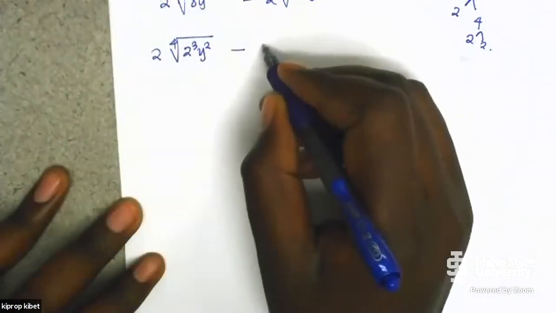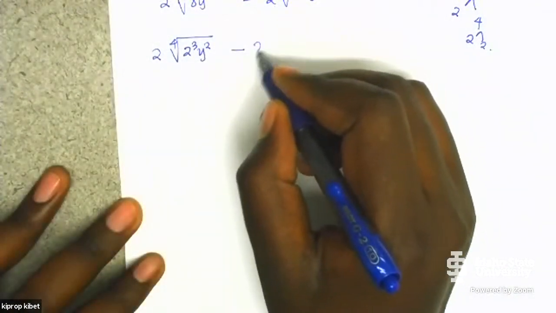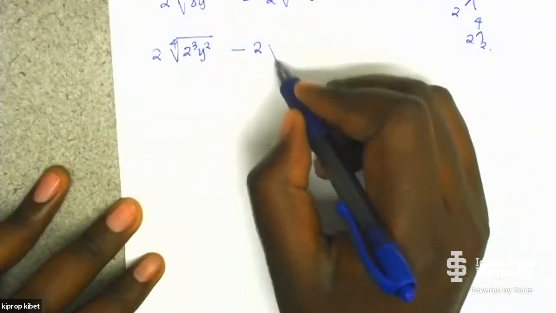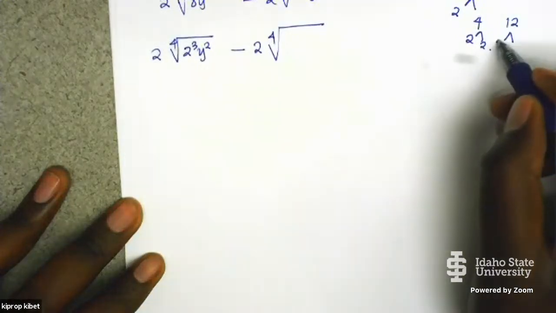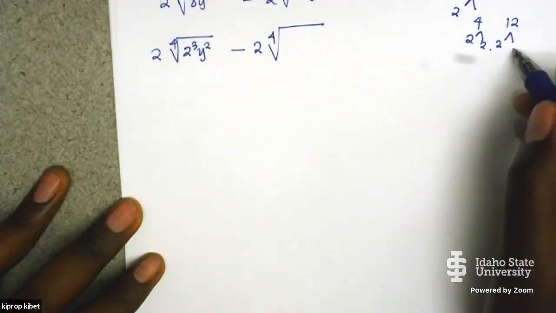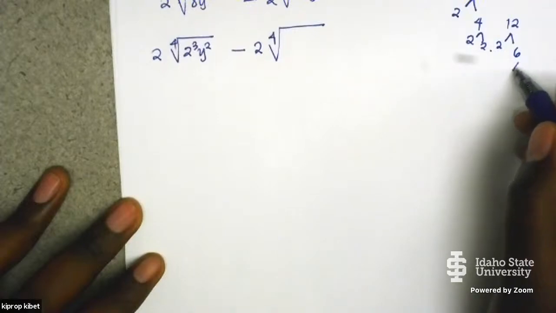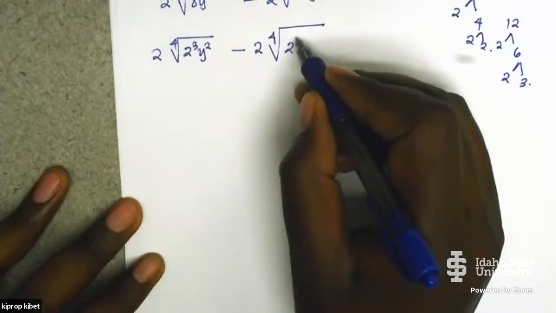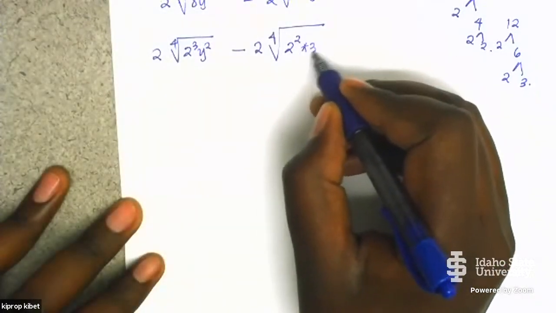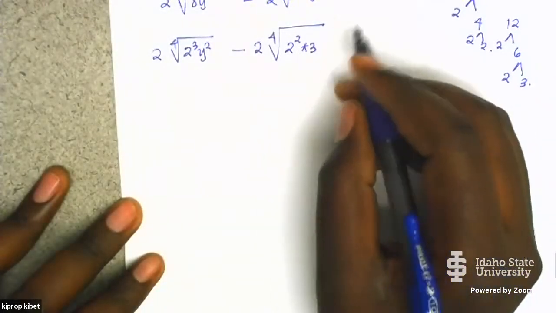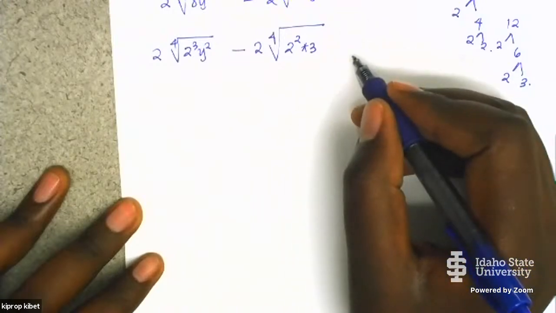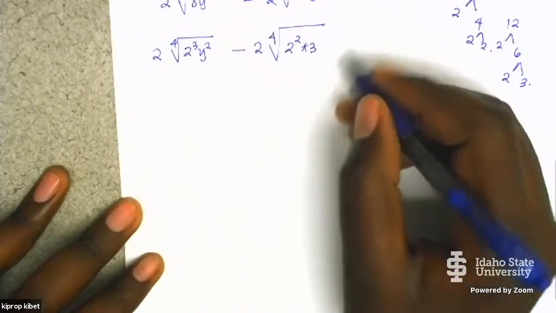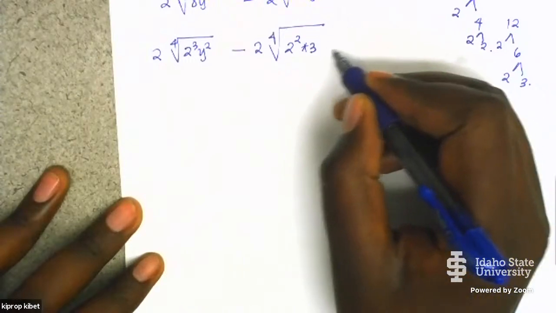Minus, the one for 12: 2 and then the fourth root of what? We have 12 there. So 2 for 6, and then 2 for 3. So we have 2 raised to 2 multiplied by 3, and then y raised to what?